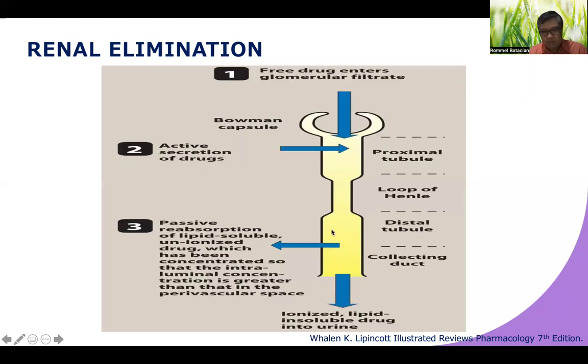So there is again the diffusion that happens from an area of high concentration to a low concentration. But for most of the time, particularly for hydrophilic ionized drugs, they are eliminated by the urine.